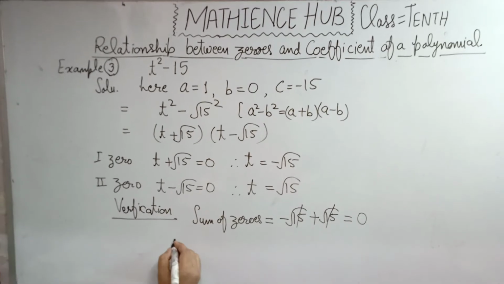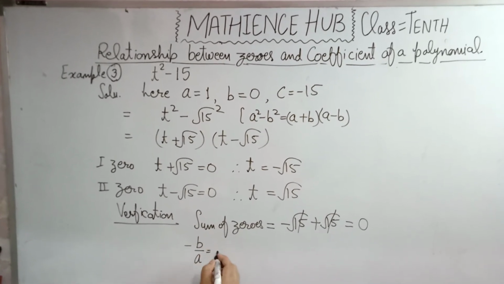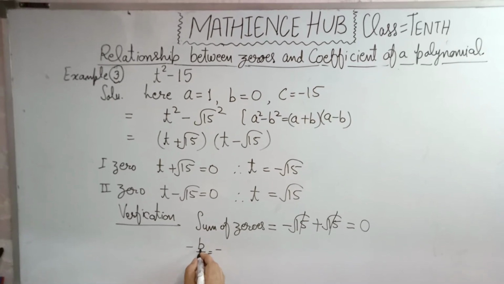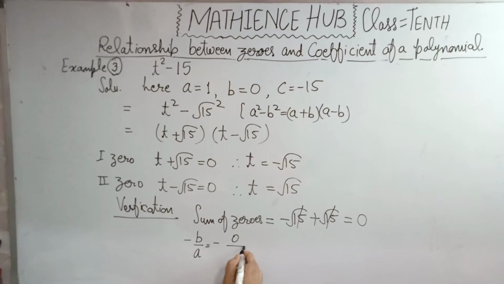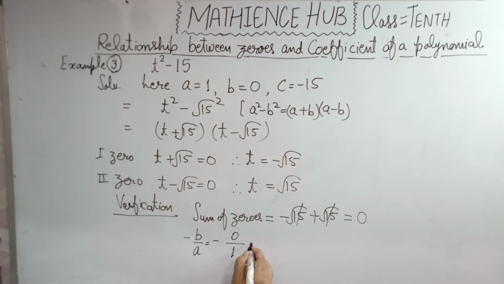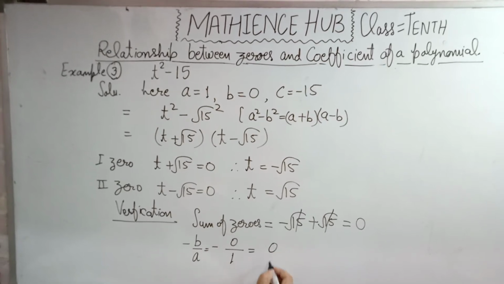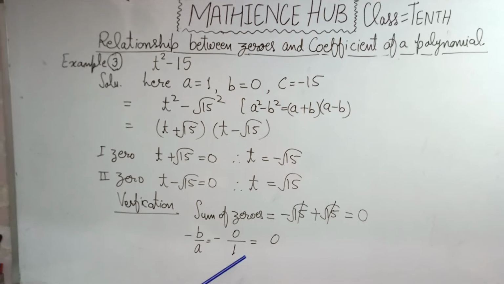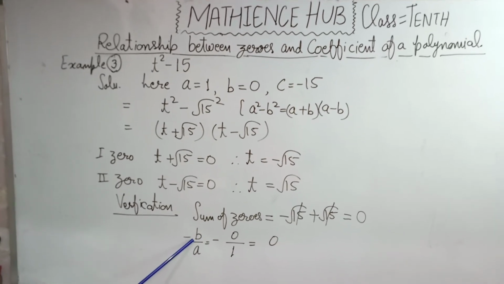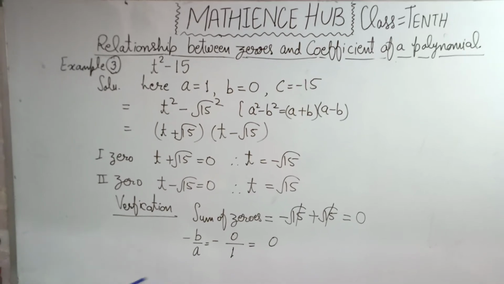By formula, sum of zeros is minus b upon a. You know what is the value of b? b's value is 0 and a's value is 1. So the solution is 0. The sum of zeros we get is 0 and 0. b is the coefficient of t and a is the coefficient of t square.